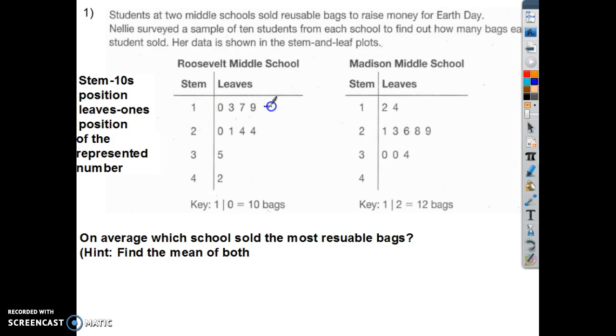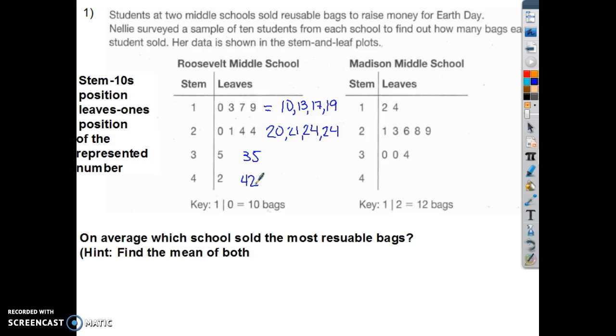So this row is equivalent to saying we have 10, 13, 17, and 19. Right here we have 20, 21, 24, and 24. Right here we just have 35. And right here we have 42.